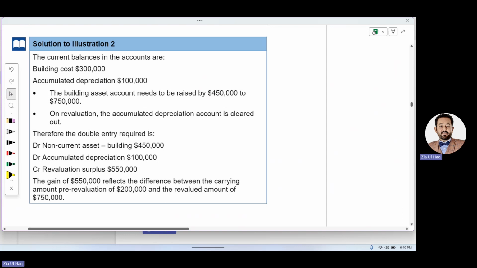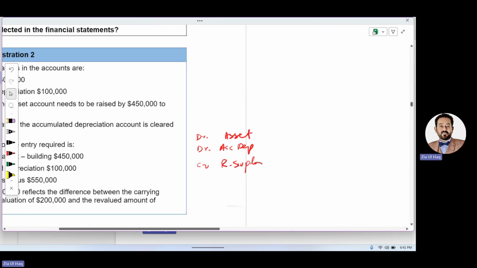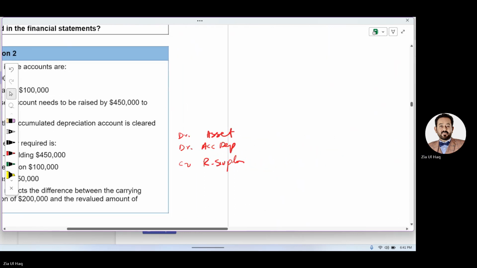Earlier, debit asset, credit revaluation surplus was the entry of a revaluation. If the asset is a depreciable asset, meaning other than land, in that case we will debit asset, debit accumulated depreciation, and credit revaluation surplus. Okay, we have to record. How? Let's see this example.